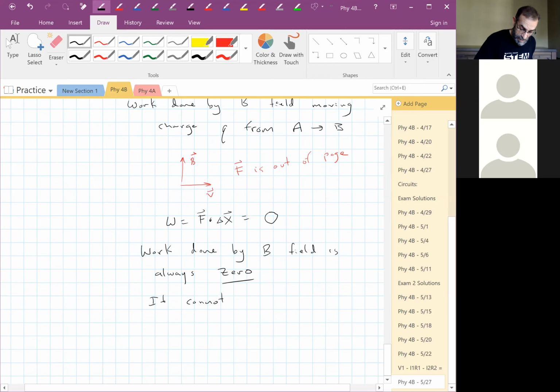Which means, what does that mean? It can't do work on it. It cannot change the speed of the charge. It can only change its direction.